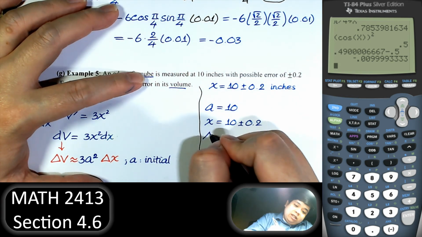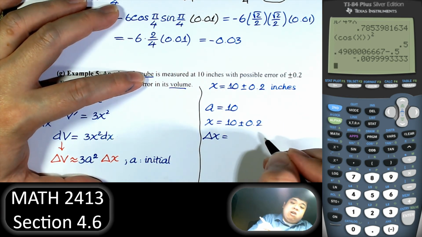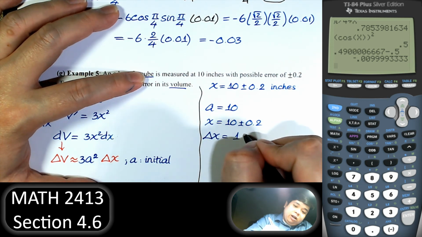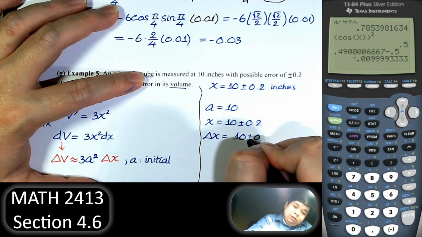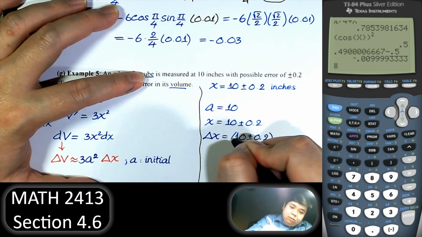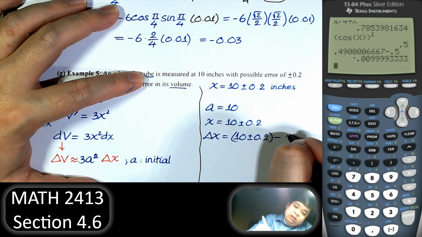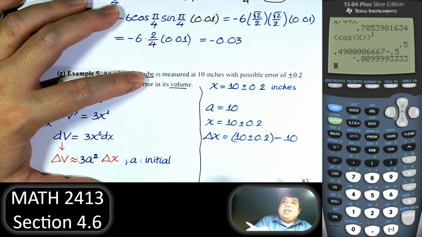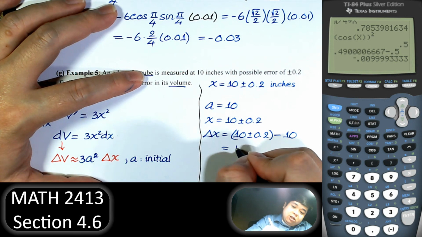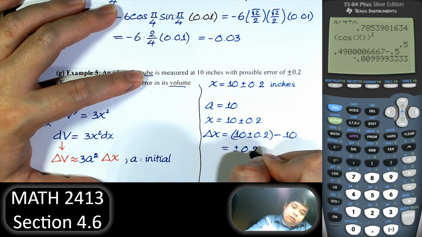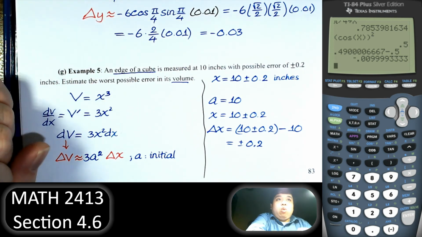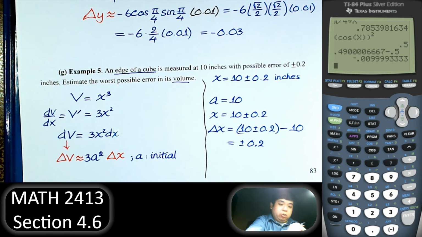So the delta x in that case is the final minus the initial. 10 and 10 cancel out, so delta x is plus or minus 0.2. So what we do is we put all of that information in here.